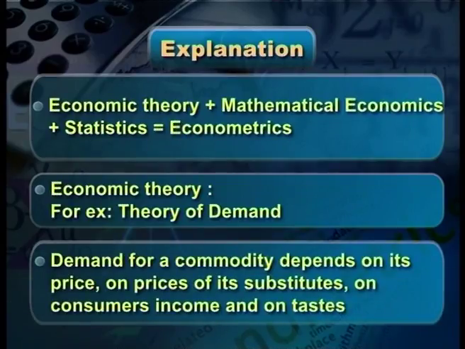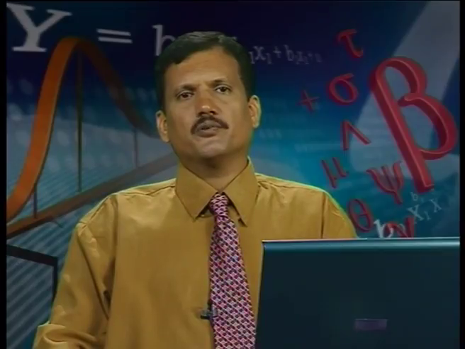Demand for a commodity depends on its price, prices of its substitutes, consumers' income and on tastes and preferences. So, this economic theory, we transform into mathematical equations.